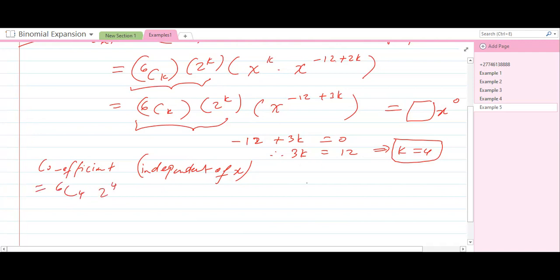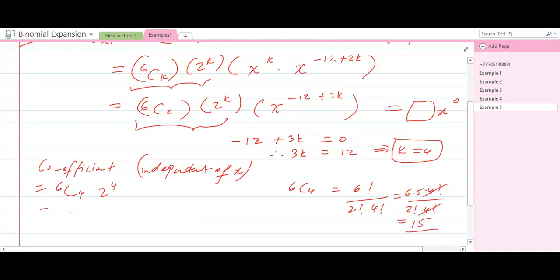So 6 choose 4 is equal to 6 factorial over 2 factorial times 4 factorial. So 6 times 5 times 4 factorial over 2 factorial times 4 factorial. The 4 factorials cancel out. 6 times 5 is 30, divided by 2 is 15.